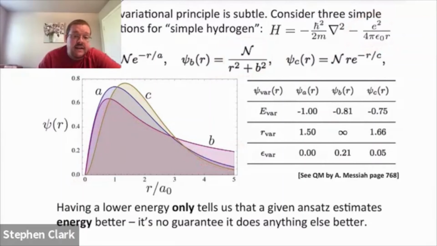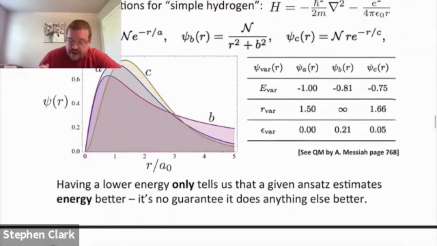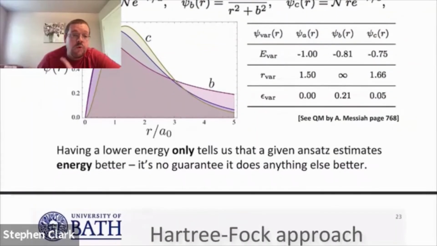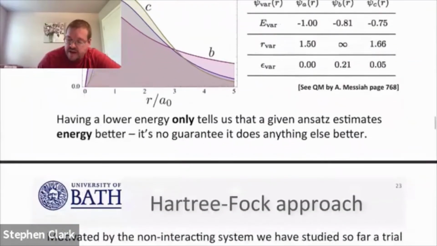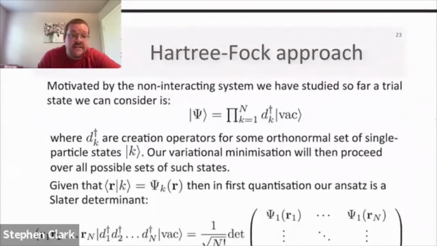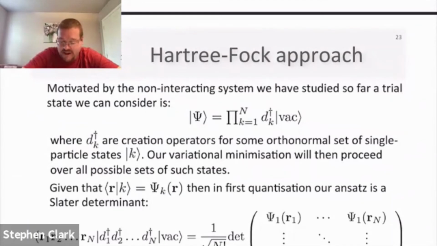So basically the point here is having a lower energy doesn't guarantee anything except energy. So if anyone ever tells you that they've got a variational ansatz and that theirs is better than yours because its energy is lower, it's actually complete bullshit. You can't trust energy on its own. And that's very true for many body systems. Okay, that was a bit of an aside rant about many conversations I've had with people about variational wave functions.